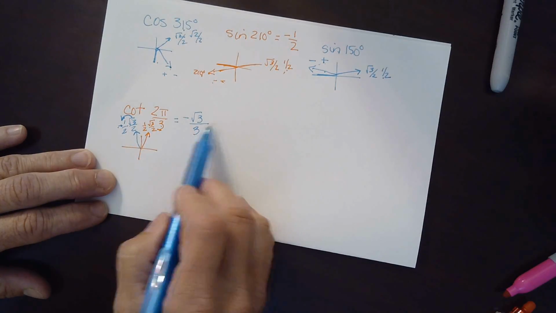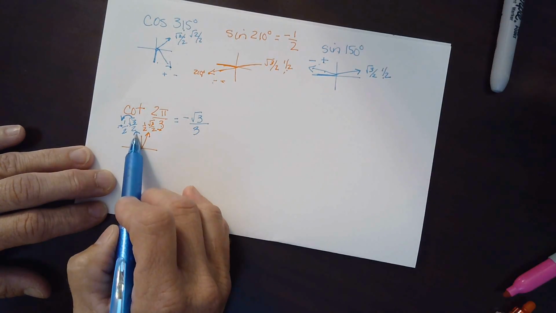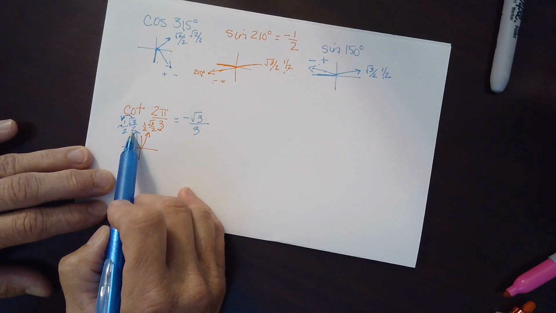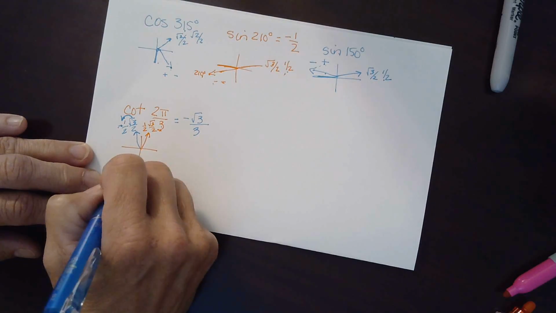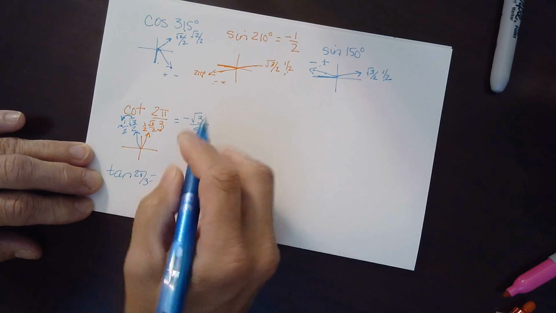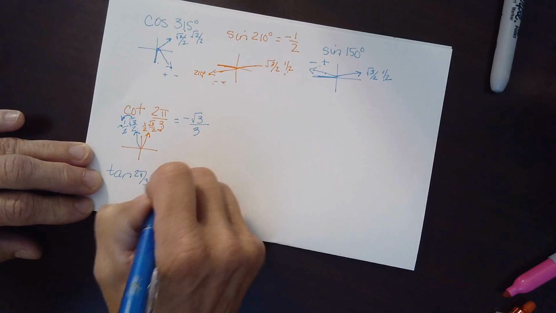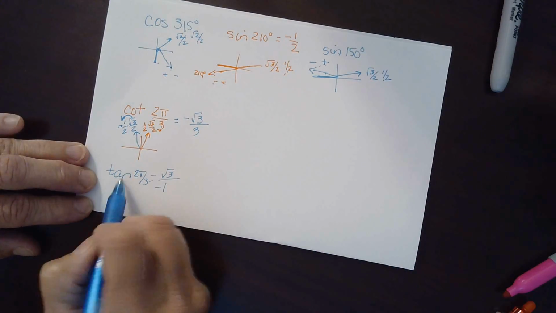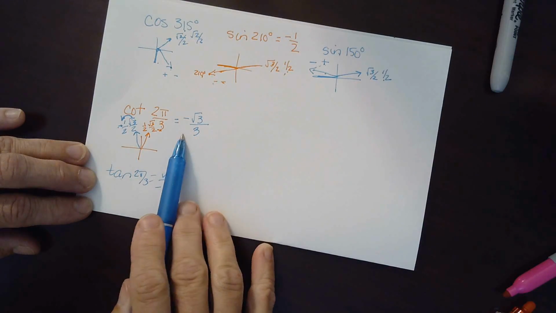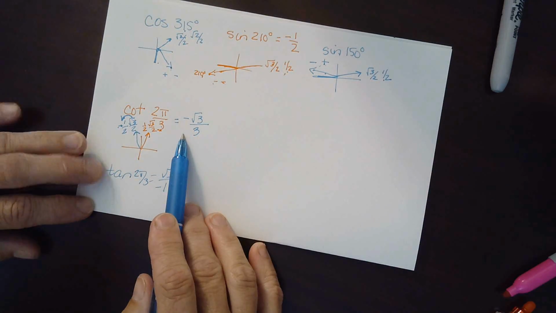And again, how did I do that? I found 2 pi over 3. The ordered pair will be negative 1/2, square root of 3 over 2. Since tangent of 2 pi over 3 is the square root of 3 over negative 1, then cotangent will be the reciprocal of that, and that gives us negative square root of 3 over 3.